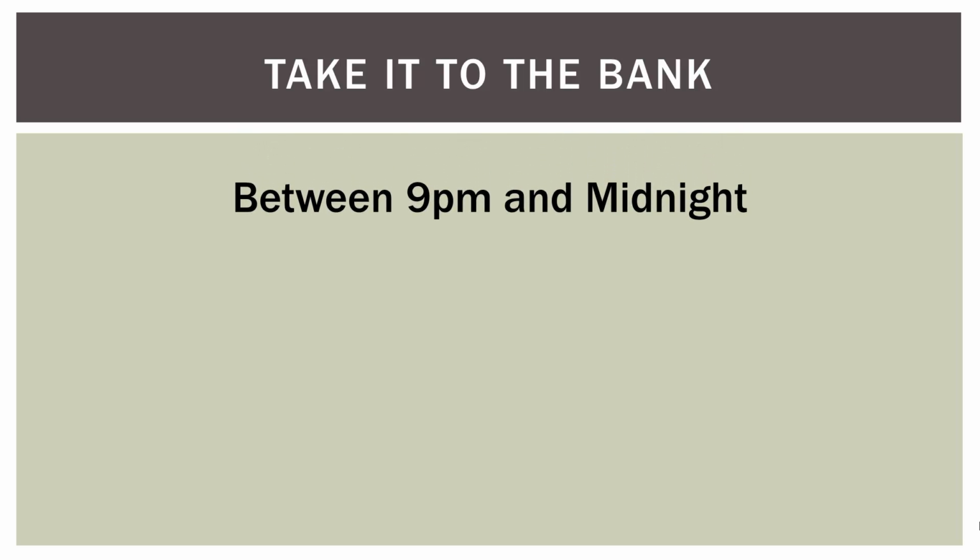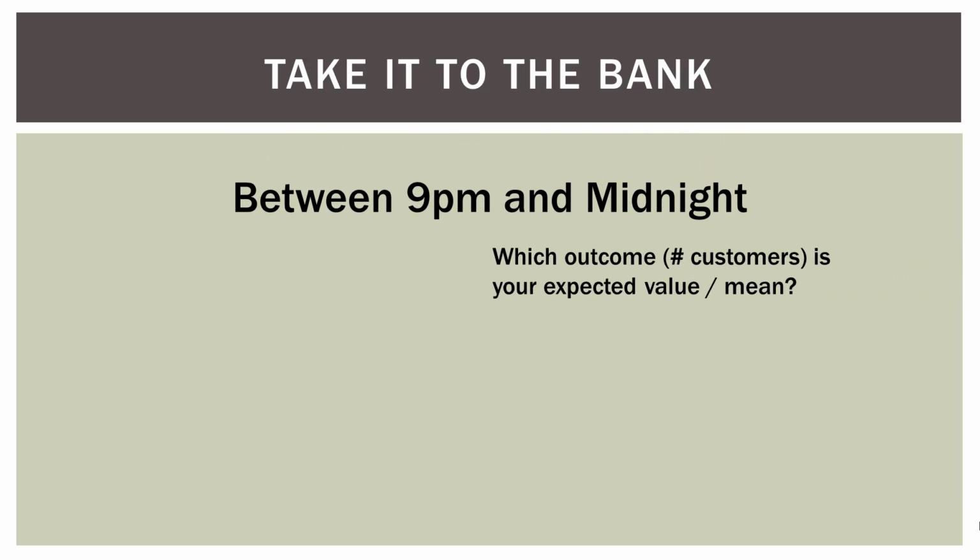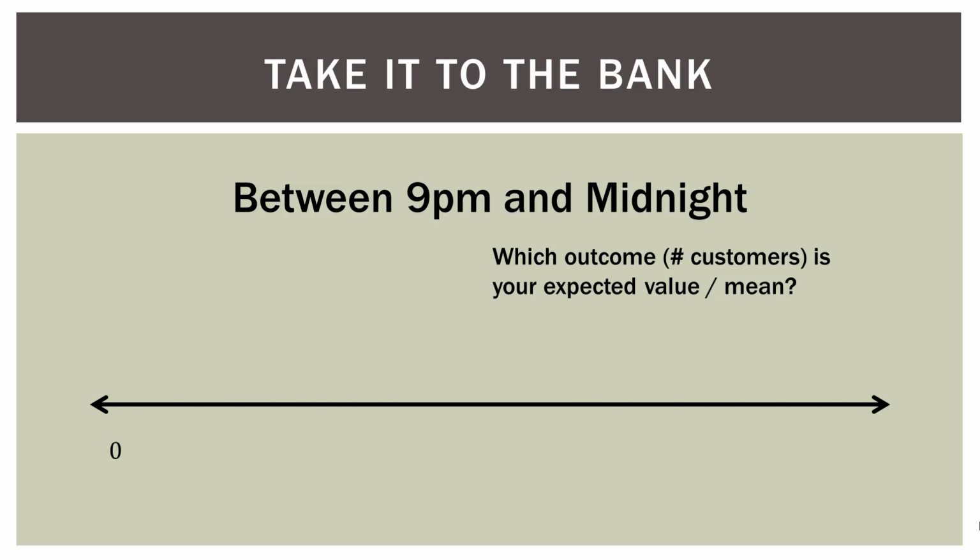So between 9 p.m. and midnight, which outcome, or the number of customers, is what we'd expect during any 10-minute interval? So, we could have 0 people arrive at the ATM. That's very conceivable. There could be a 10-minute interval in there, or anywhere, where nobody uses it. On the other end, we could theoretically have an infinite number of people arrive at the ATM.